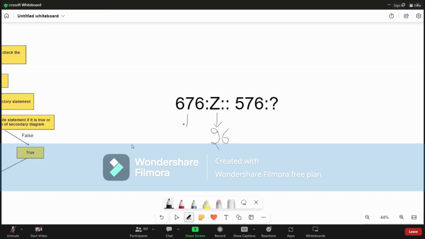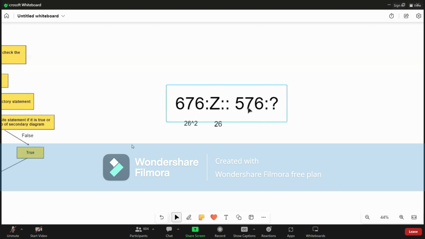It is 26 square. Z is 26, the number of the alphabet that is there. So check, what is 576 for? Now 576 is 24 square. So the 24th letter of the alphabet is X. So the answer for this question is X. Okay, so is it clear?